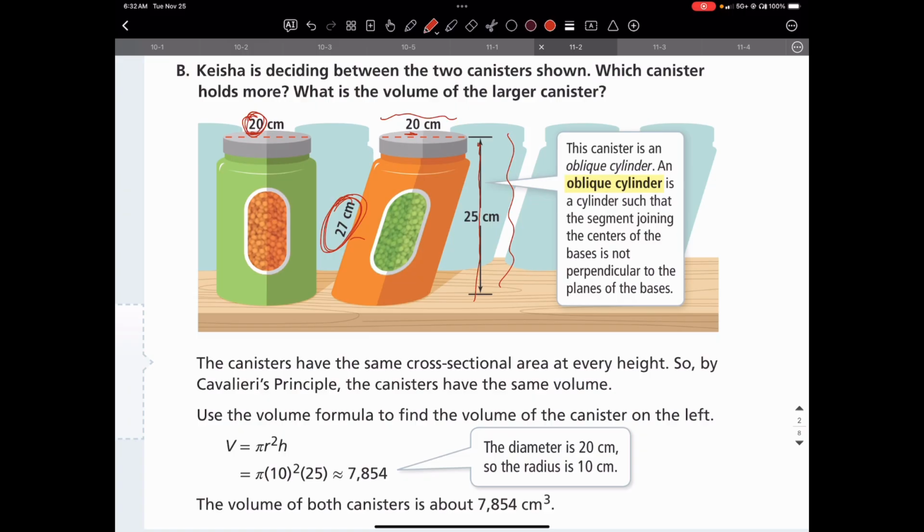That's your diameter. Your radius is half of that. It's 10. Okay? So pi radius squared times 25. So you end up with 7,854. Well, guess what? This second one has the same height and the same diameter. So it's going to have the same volume, which is also 7,854.